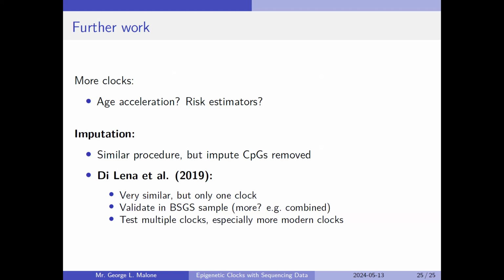So we could validate their results in the Brisbane sample. We could use a meta sample, like what they did. I'm not sure if theirs included Brisbane samples, but it may have done. And use multiple clocks, especially more modern clocks, compared to the original model. And that is all.